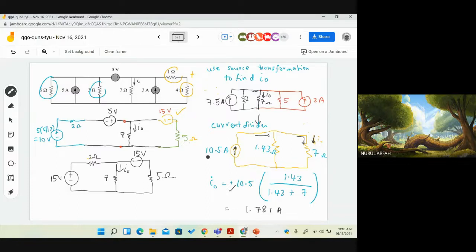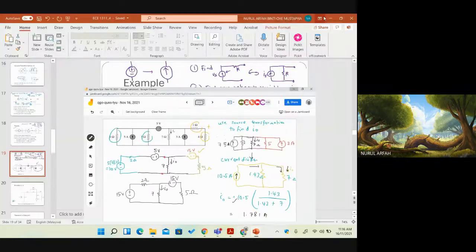Please take some time. Let's say kalau soalan is general, you can use any form, any method to solve that. Take a few seconds to check on the circuit. Is it good if you use source transformation, or is it good if you apply superposition or any other method? Take some time before you directly answer your question.